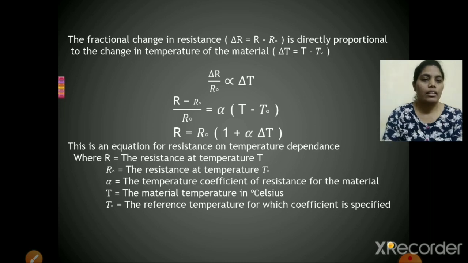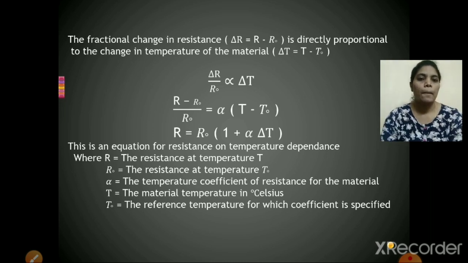This is the factor which gives the relation between temperature and resistance, and T is the material temperature in degrees Celsius. T naught is the reference temperature for which the coefficient is specified.